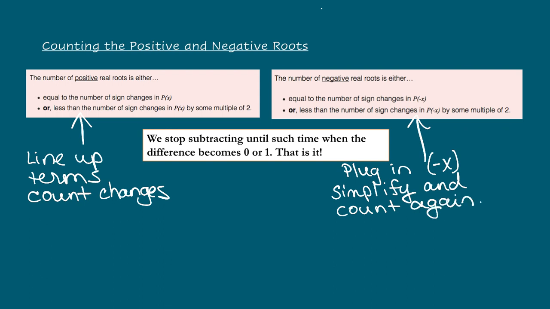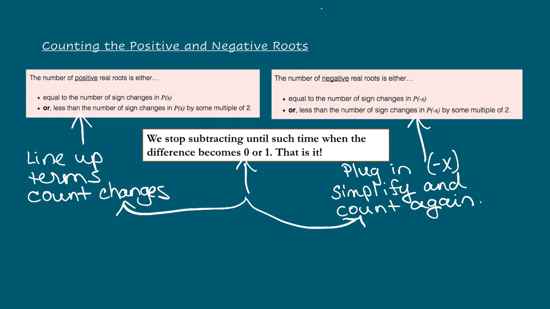And then after you've done that, what "or by some multiple of 2" means is that you're going to have more than one answer. So when you count your number of changes, you're going to subtract 2 until you get down to 1 or 0, because if you get to 1, you can't subtract 2 anymore.